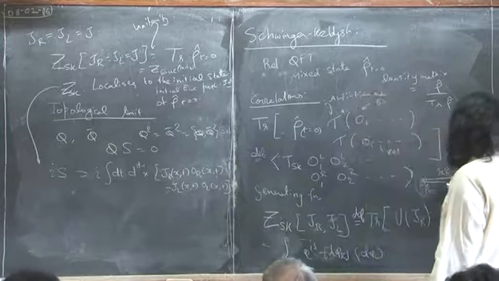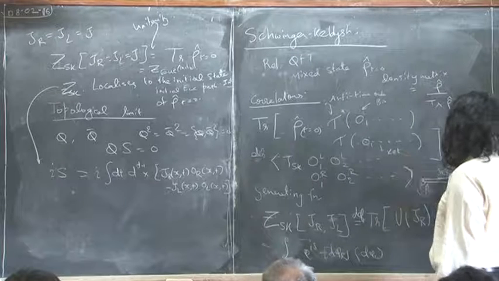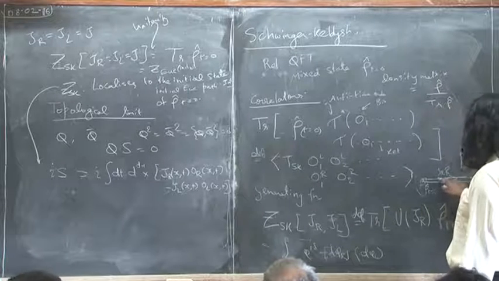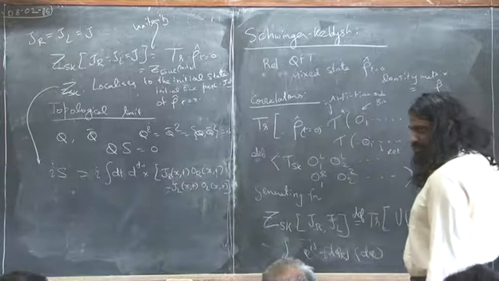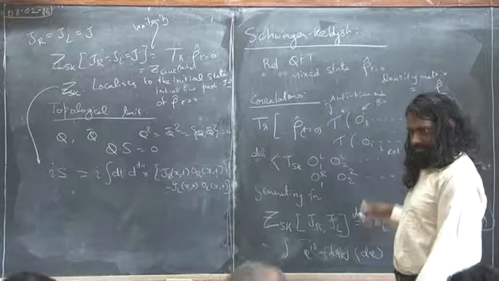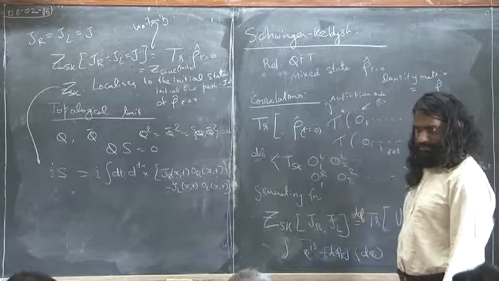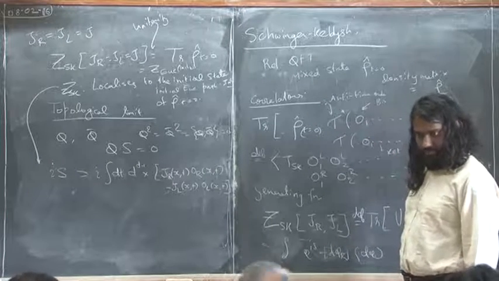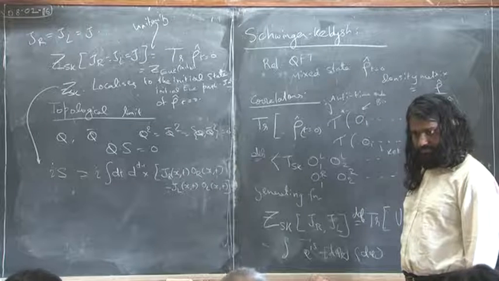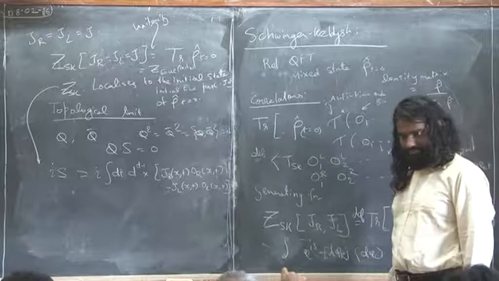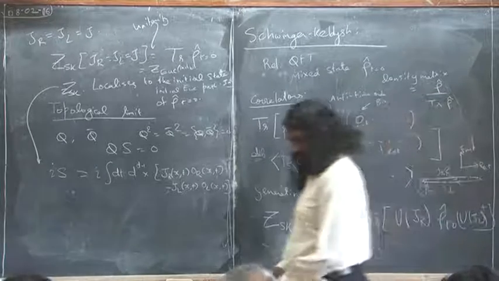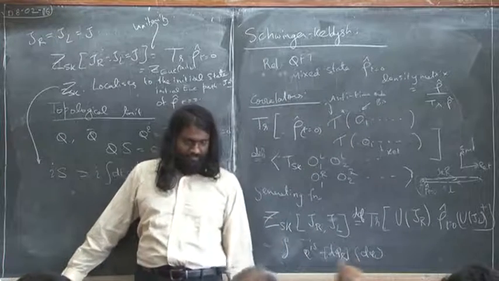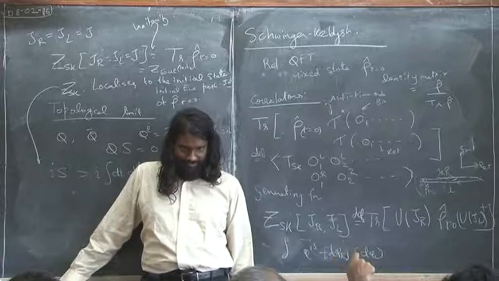So the right operators are the time ordered ones. If you only had the time ordered ones, you would run along the top contour, inserting those operators.